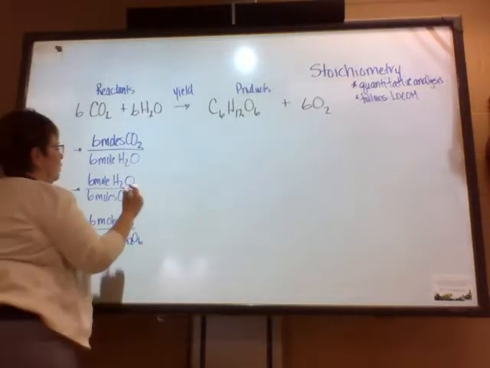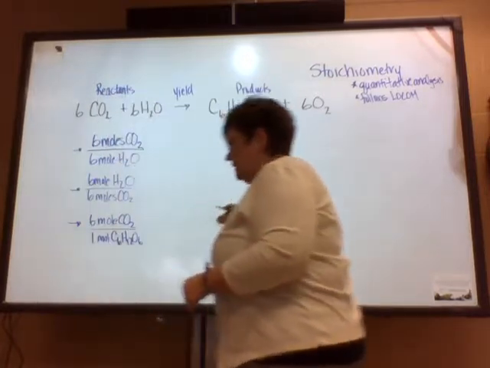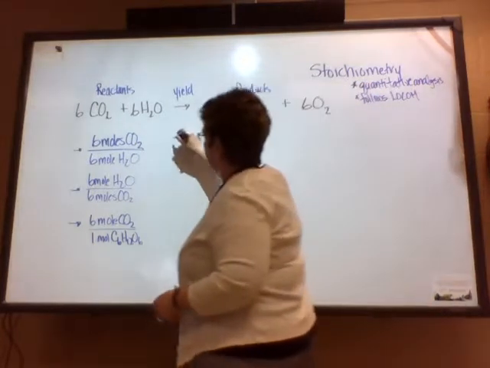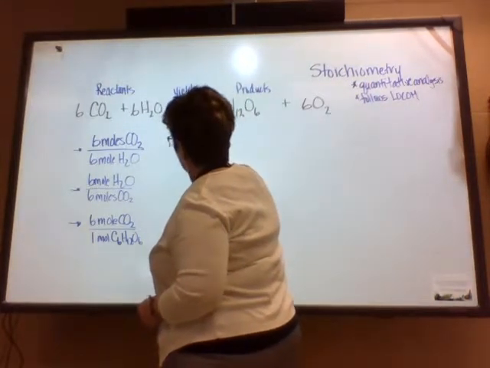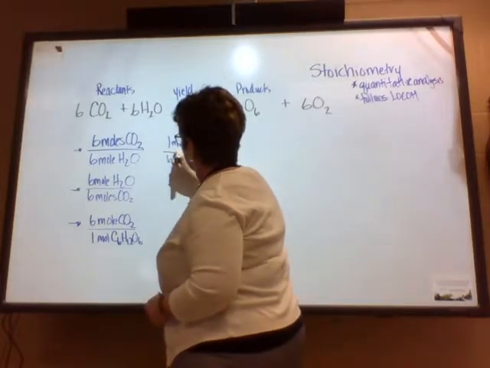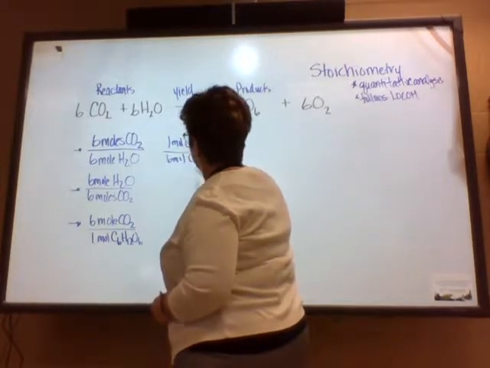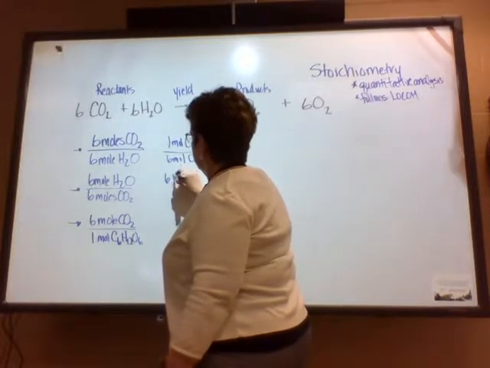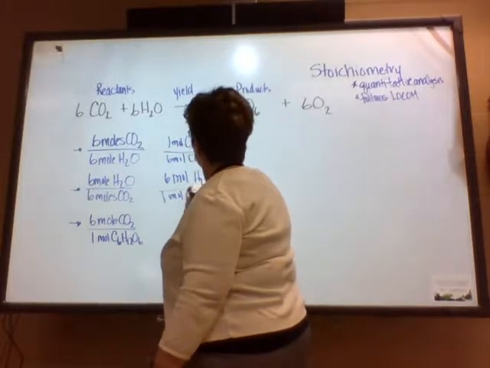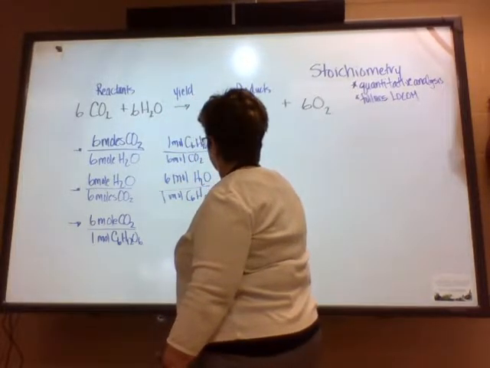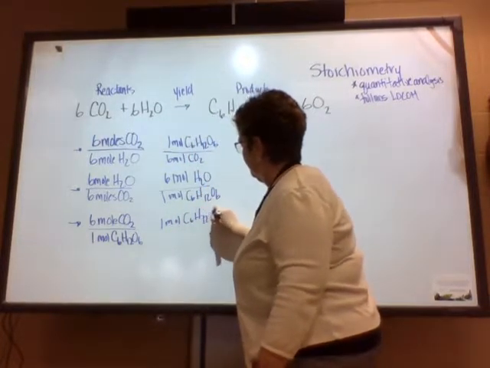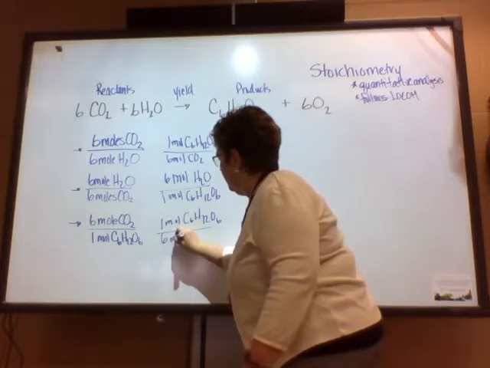So I'm writing down all the conversions that they have here. It's kind of interesting if I would write them all, and it's going to take me a while, so please bear with me. If you want to write them down with me, that's great. I write one and then the other. So 6 moles of water produce 1 mole of glucose, and 1 mole of glucose results from 6 moles of water.